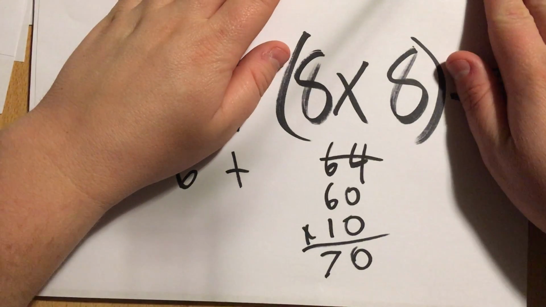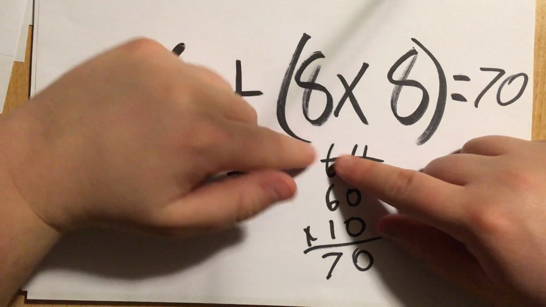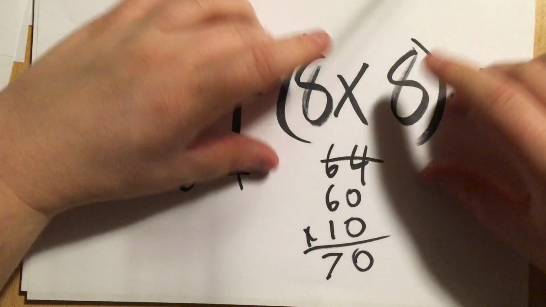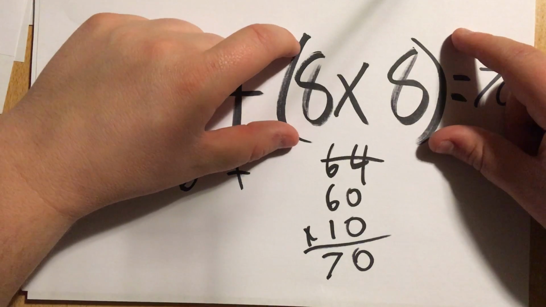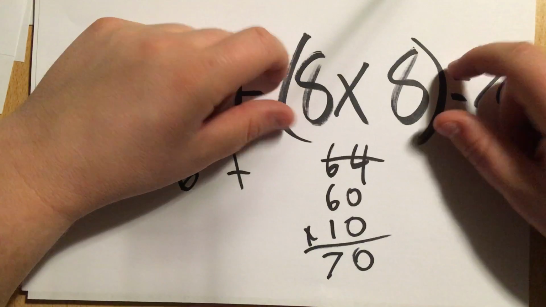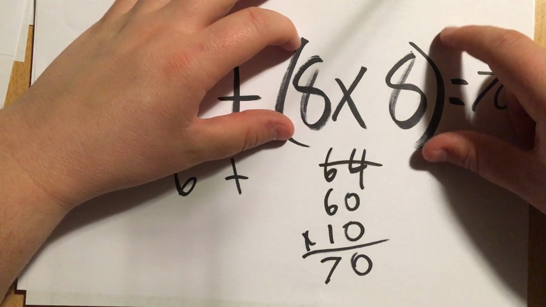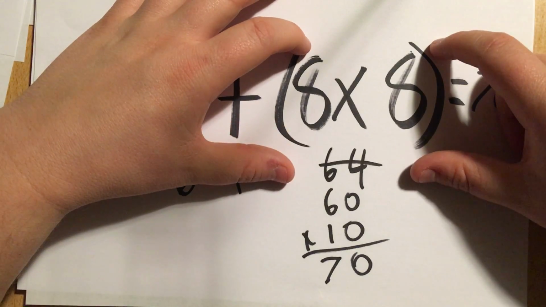Now, 8 times 8, because it's in parentheses, comes before 6 plus 8 times 8 in parentheses. So, since this comes first, what is 8 times 8? It looks like a scary number, but we know from our times tables that 8 times 8 is 64.